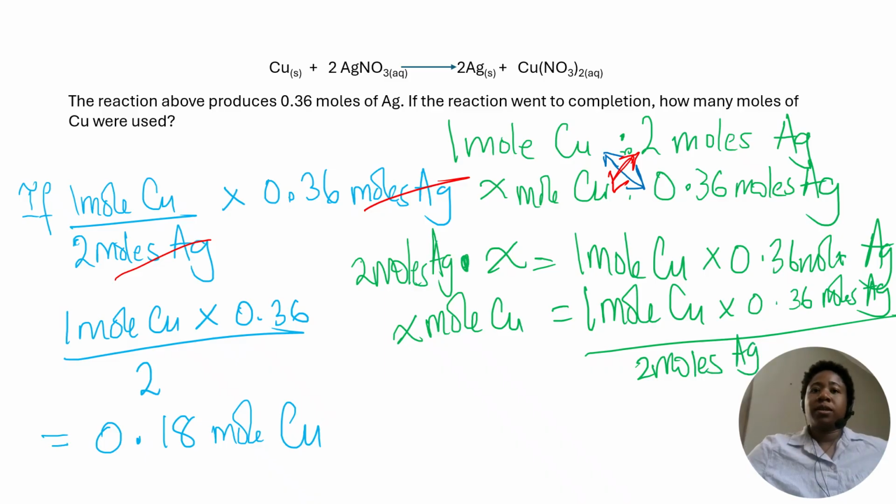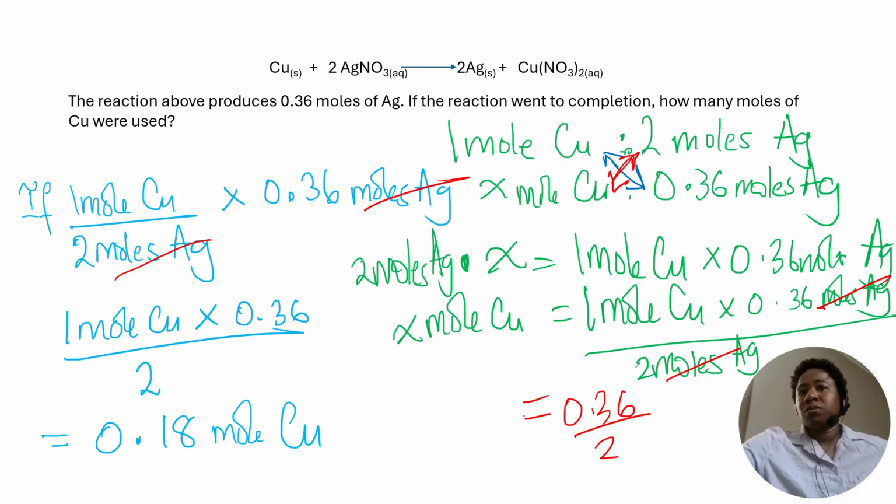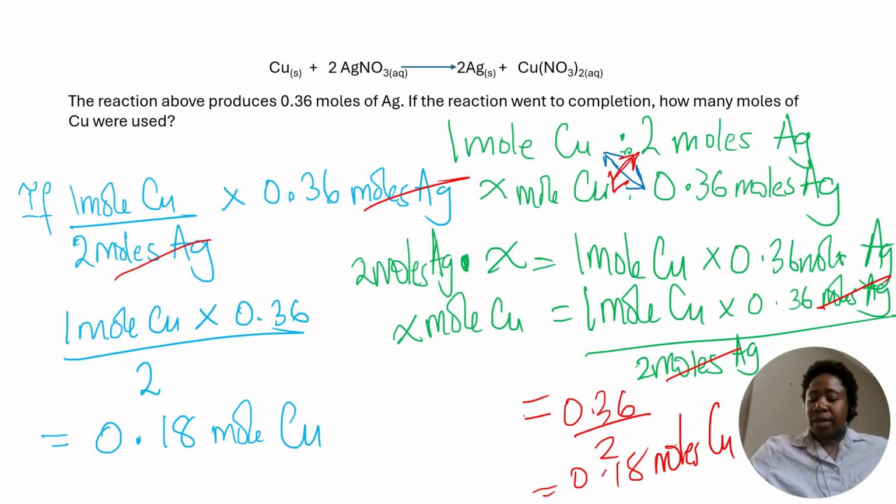Again, we see that the moles silver cancel out, and again you see 0.36 divided by 2, 0.18, and we're keeping the units, mole copper. So that's two ways to look at that type of question.